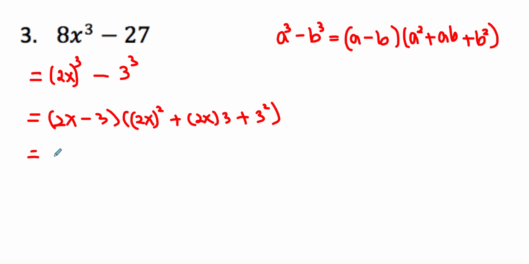Then we end up getting 2x minus 3 times the second expression, 4x squared plus 6x plus 9. That becomes our final answer. All right, let's look at the next one.